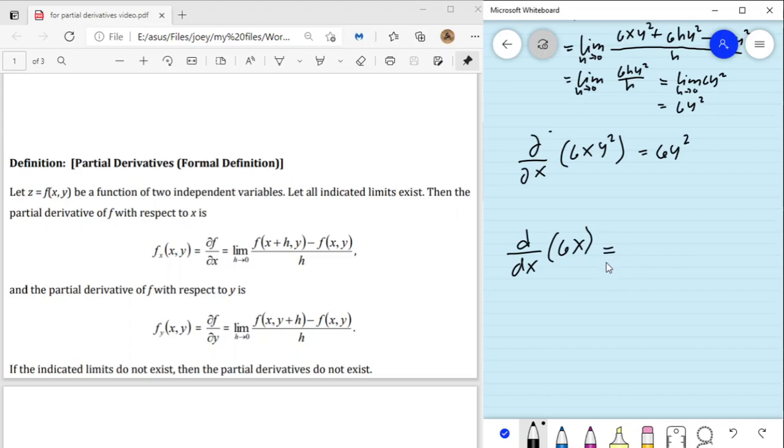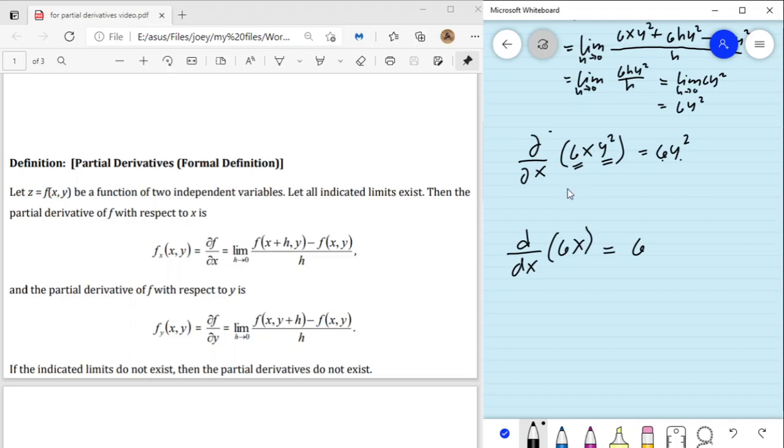By the derivative theorems, this will just be evaluated as 6. Meaning, what will be left will just be the constant. If we look here, we see that when we derived the expression, what was left was 6 and y squared, meaning y squared was treated as a constant, the same as we treat x.